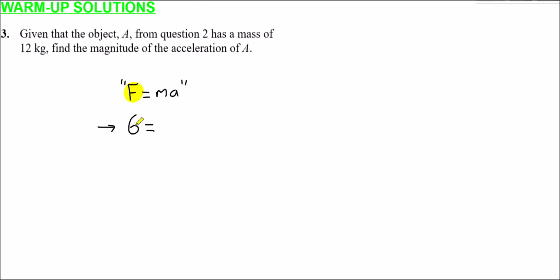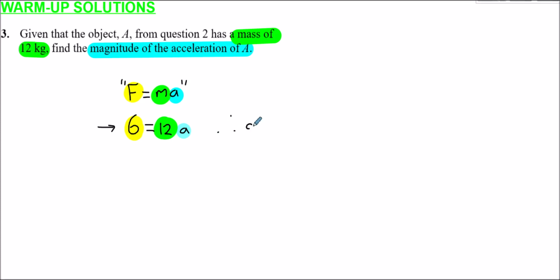The mass of the object, we're told now, is 12 kilograms. So we can say m is 12. And then we're trying to work out the acceleration. So what is the magnitude of the acceleration? Now it's just a very, very simple formula. 6 equals 12a.